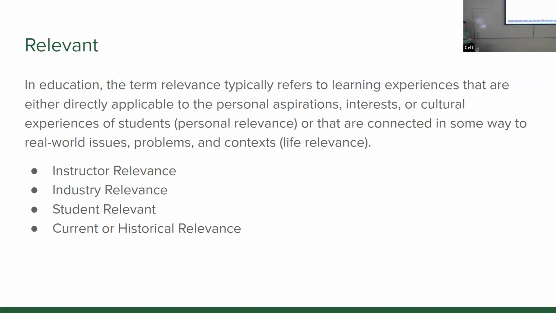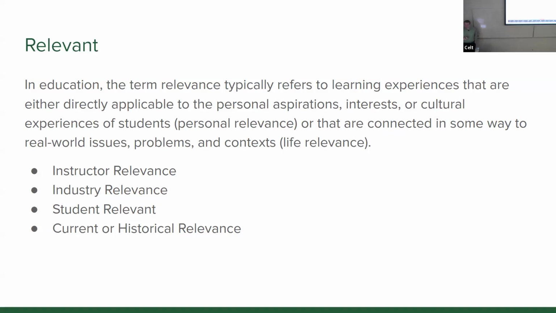So what, as a student, are my future goals? Interests. Hey, this is my personal interest. I'm going to pay attention to this. Or cultural experiences of students, which in this case really means, is the material personally relevant to the student?